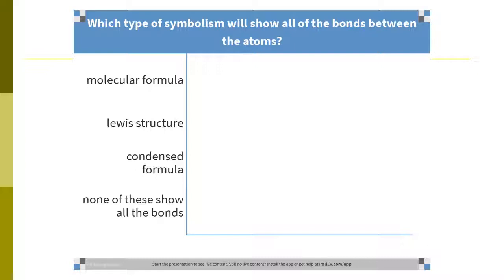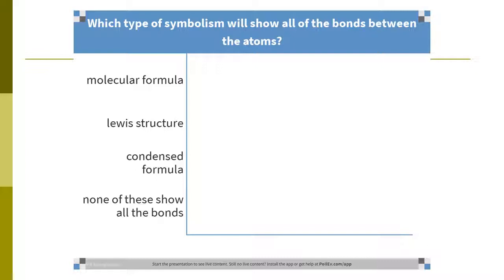A molecular formula is like saying H2O. It tells you how many of each of the elements. It does not show the bonds. So first one, no. Lewis structure. Lewis structure is your correct answer. It shows all of the bonds. It shows which atoms are attached to one another.